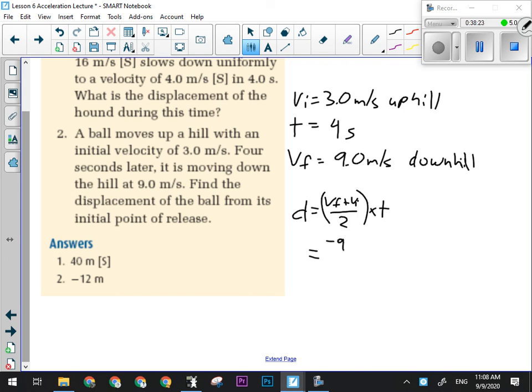VF is -9 because it's down the hill, plus 3, divided by 2, and then multiply by 4 seconds. So -9 plus 3 is -6. -6 divided by 2 is -3. -3 times 4. This thing is going to travel -12 meters, or it should actually be written... should it be left as -12 meters, or should I write it differently?